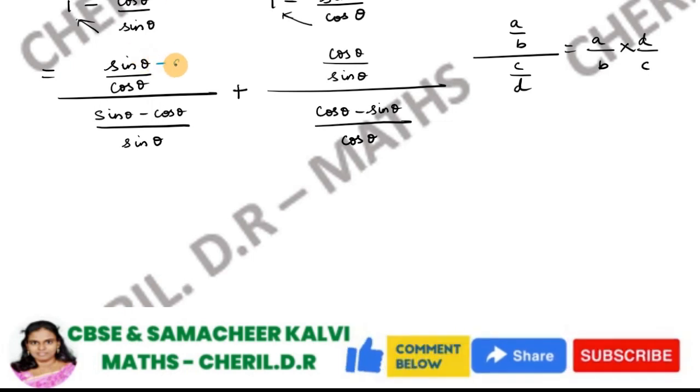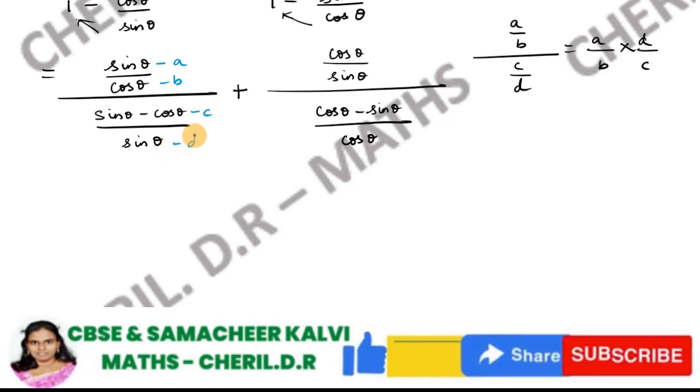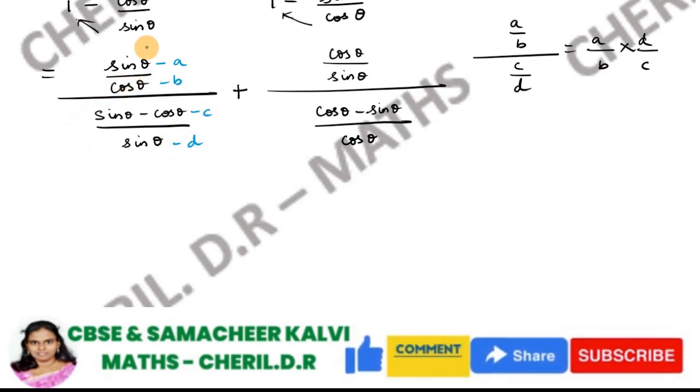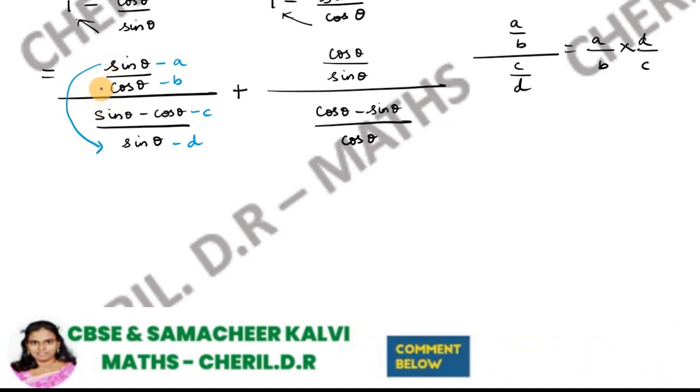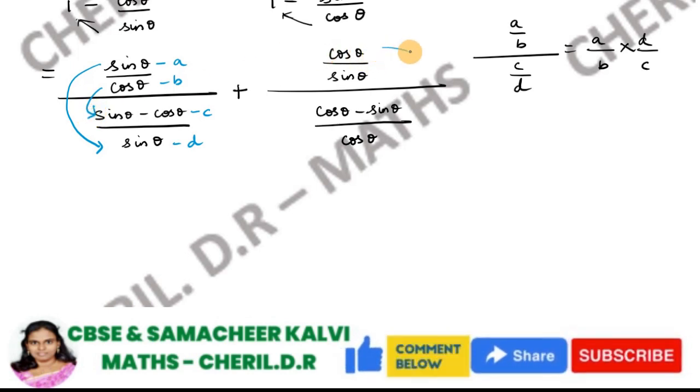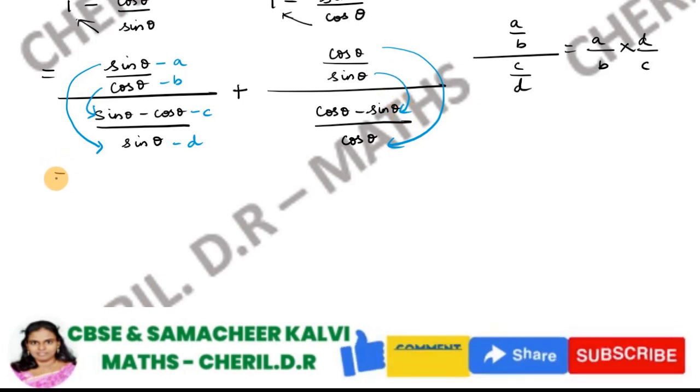So this will be my A, this is B, this is C, this is D. So in the numerator you will have A and D together, and in the denominator you are going to have BC. Likewise for this also, these two will be the numerator, these two will go to the denominator. So can we write it accordingly?